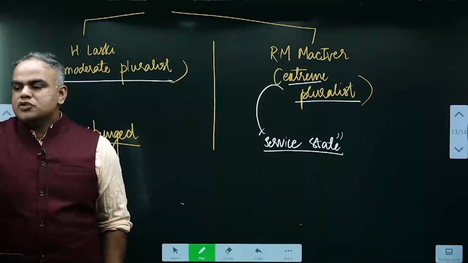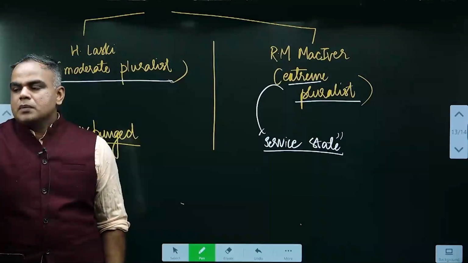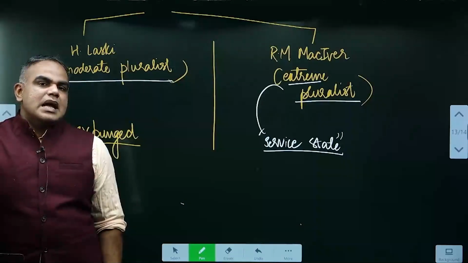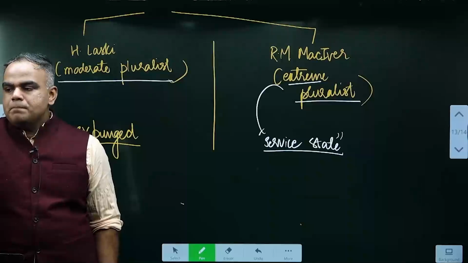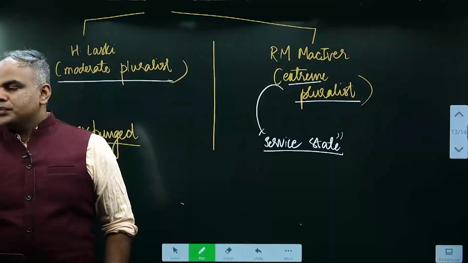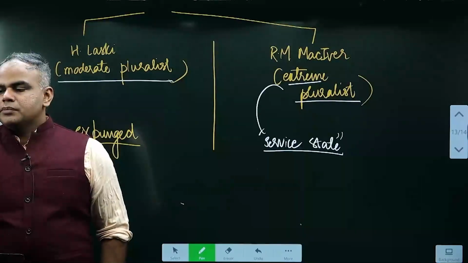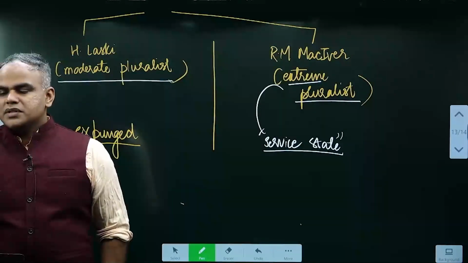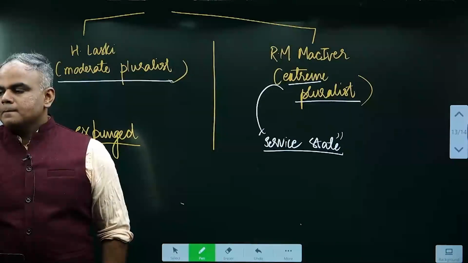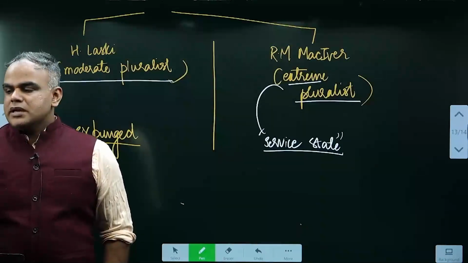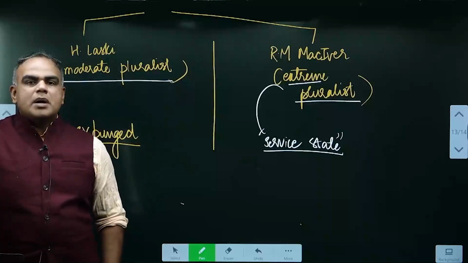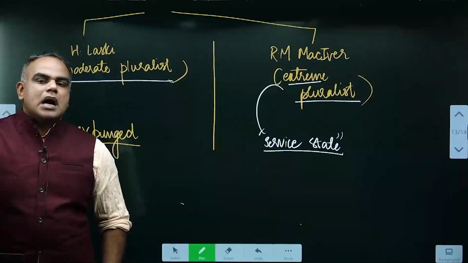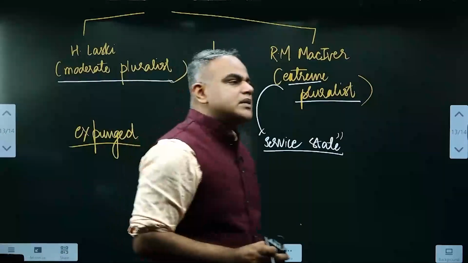MacIver, an extreme pluralist, treated the state as one association among many, and articulated the idea of the service state, arguing that the state commands because it serves.